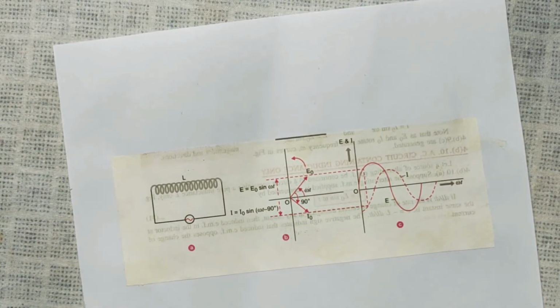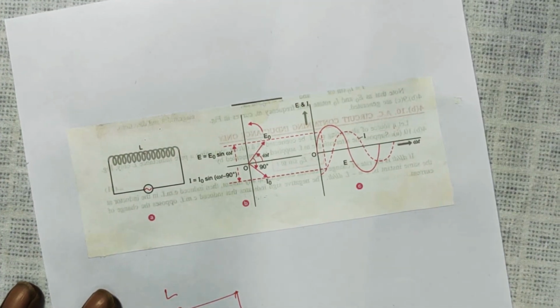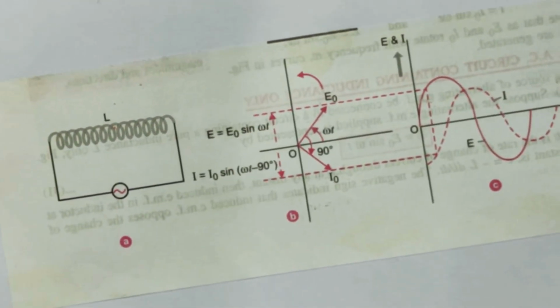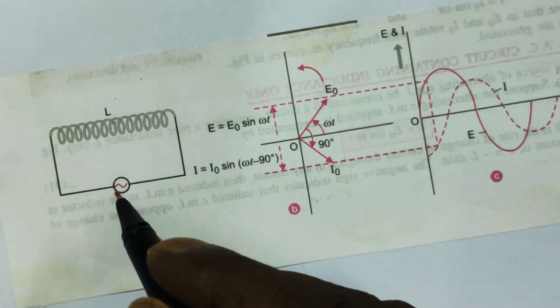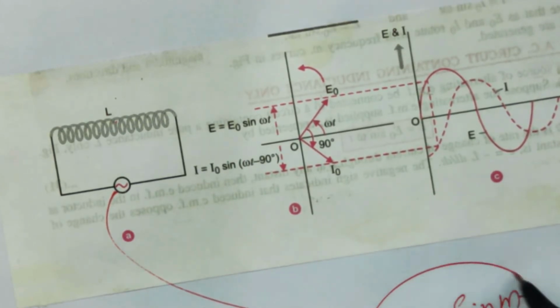Now then the last part, how the current lags behind. Let me enlarge the video. How the current lags behind is very simple. Here is the inductor. This was equal to your E naught. E was equal to E naught sin omega t.